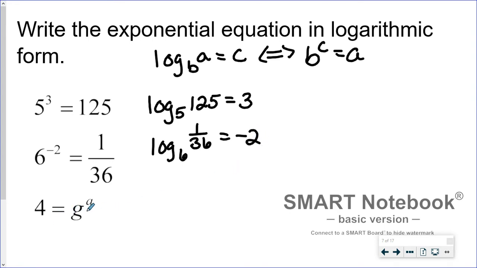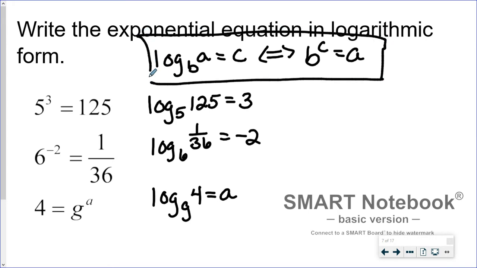And here, again, of course, be careful. They switched it around a little bit on us here, but we can still say log base g of 4 is equal to a. So again, this is very, very important. That is one thing that you will definitely need to know for this upcoming test.